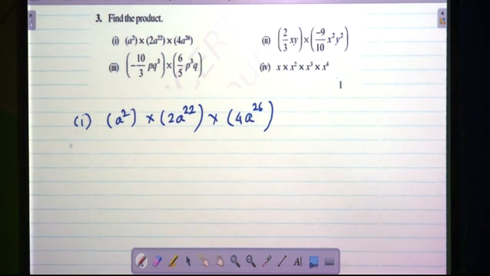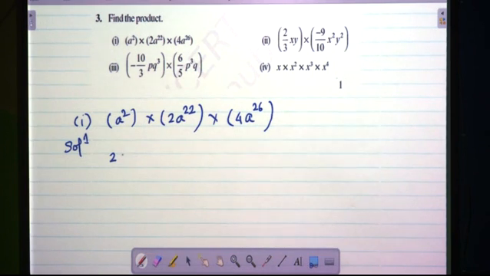So, what's the solution? The numerical coefficient of a square is 1. In the second expression it is 2, and in the third expression it is 4.